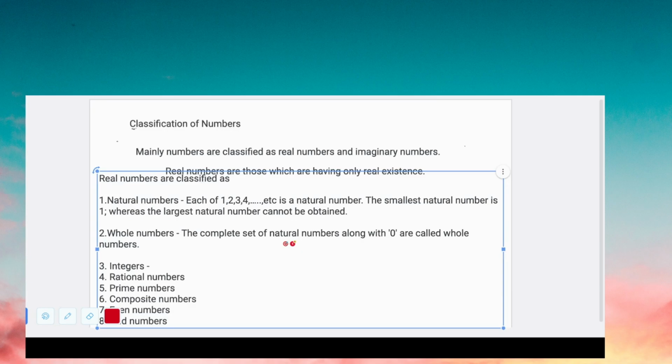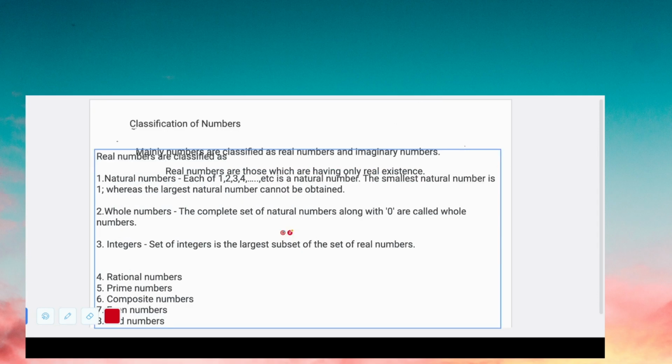Now, what is an integer? Integers are a subset of real numbers. It can be a positive number, a negative number, a whole number, a natural number, an odd number, an even number, everything.